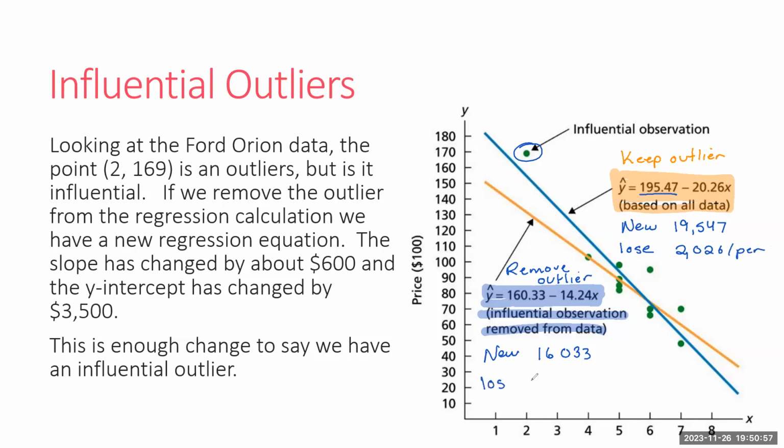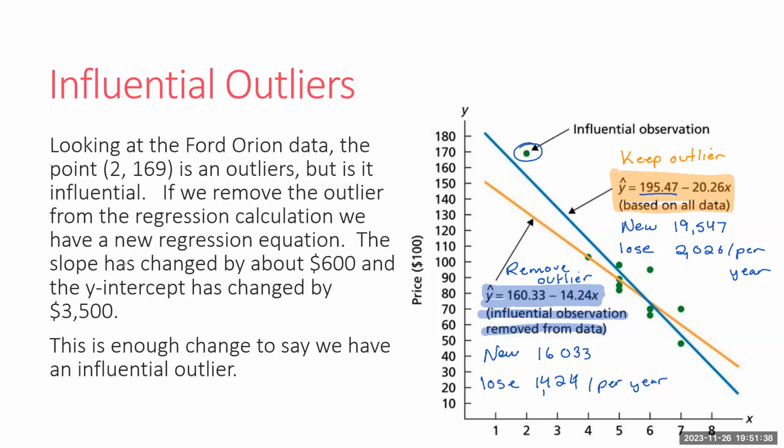Here, I'm going to lose $1,424 per year. So what we see here is that the slope has changed by $600. So we're saying that without that outlier in there, the loss in value of my car has changed by $600.